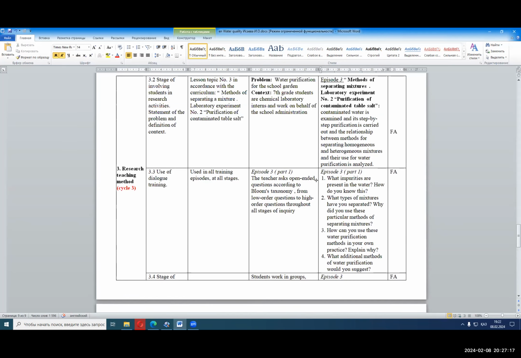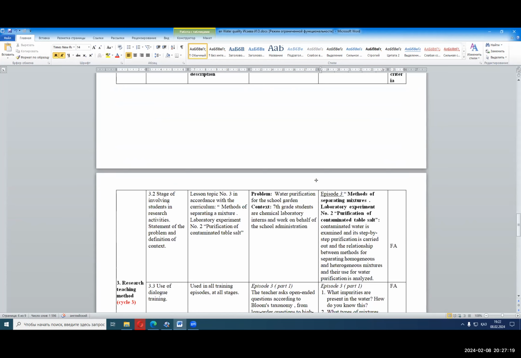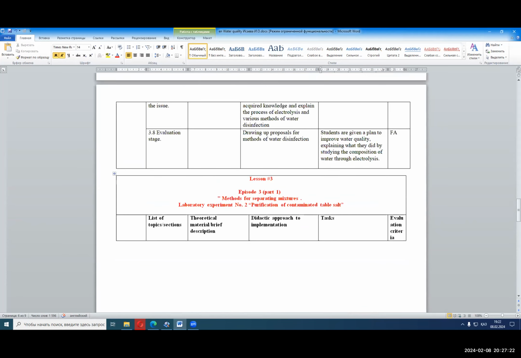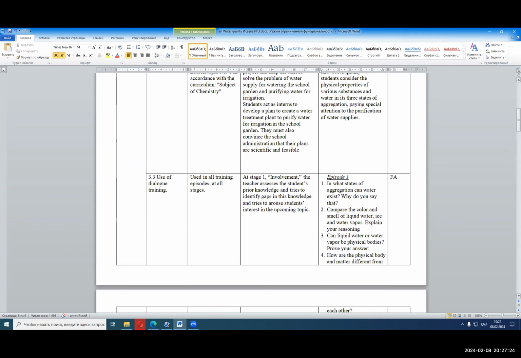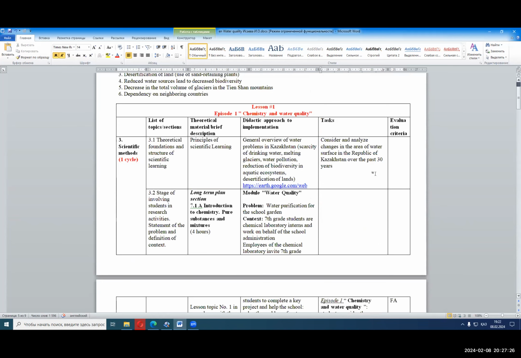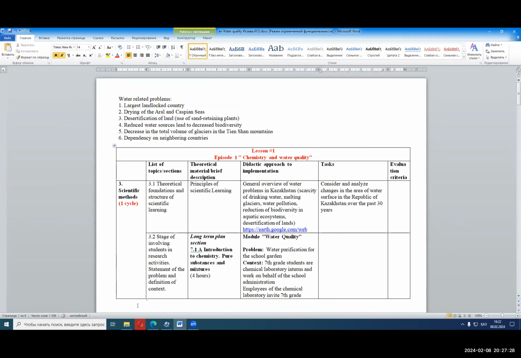So I like how you're trying to adapt the unit to your local environment. I think that's really important. So you're taking the foundation of some of the ideas in the water quality unit that was given to you, and you're adapting it to local conditions in Kazakhstan, which I think is important to do in order to really motivate, as you said, and have people realize the importance of studying water quality and how you can purify water.